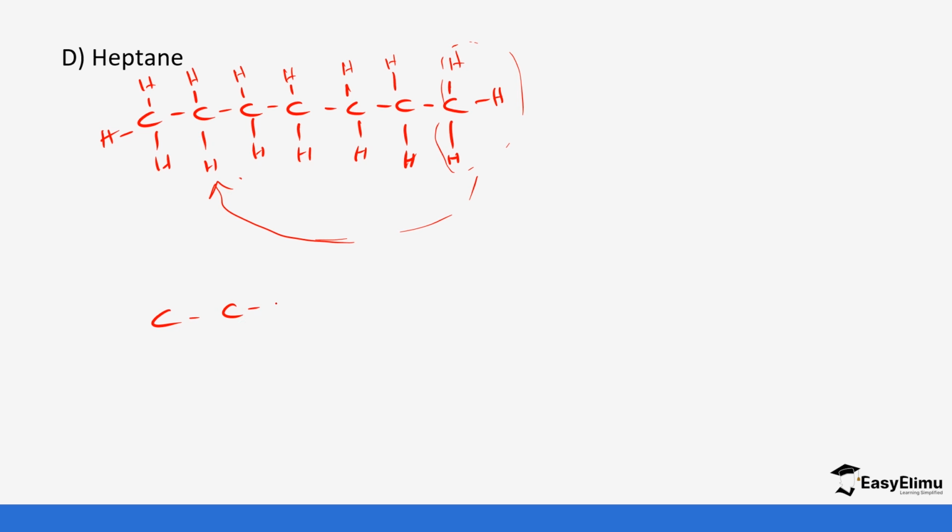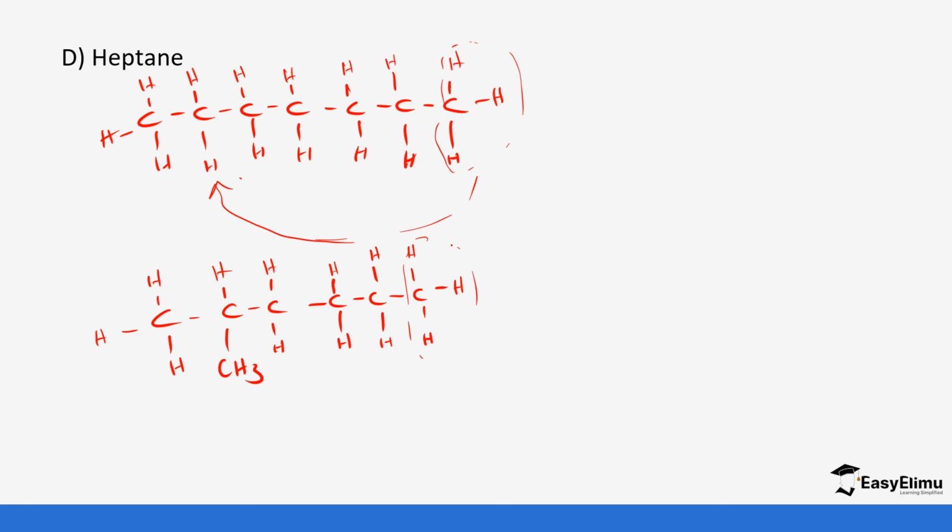So we have 6 carbons and the CH3 will come here. And then we can move another CH3 and we can place it in this carbon. So first of all, before we move, this is called 2-methylhexane.